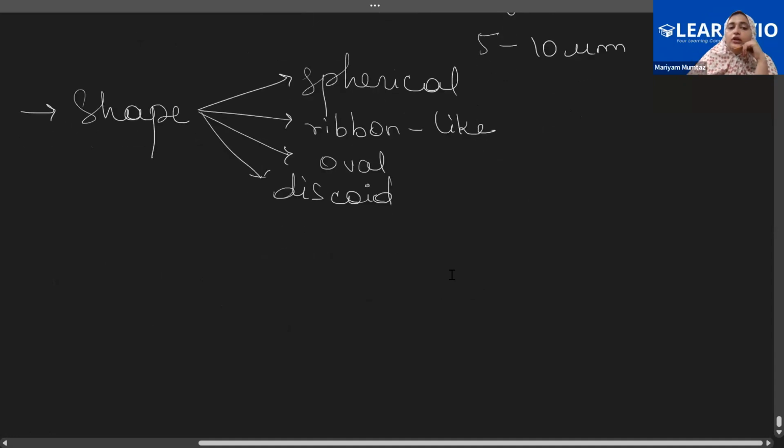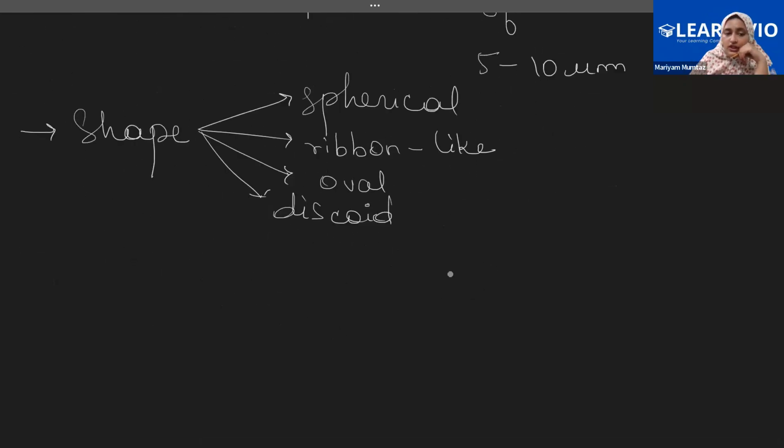Now we have talked about the dimension, we've talked about the shape. Now talking about the number of chloroplasts. Now again, the number of chloroplasts depends upon how much is the need of photosynthesis. For example, if we talk about chlamydomonas.